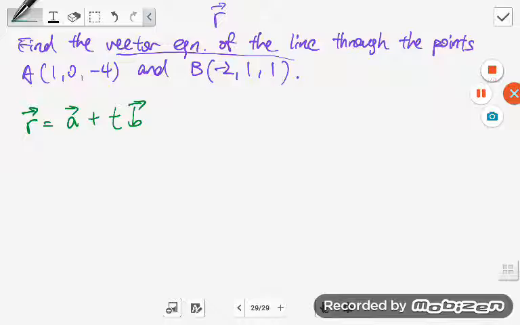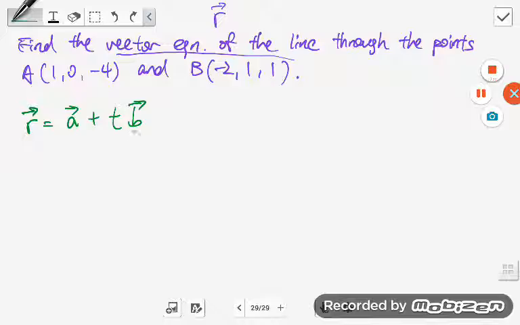Right now, they said that point A and point B are both on the line. So which means either one of them, I can use my point A for that, or I can use my B for that. It doesn't matter which one we use, both are correct. So we actually get to choose, right?